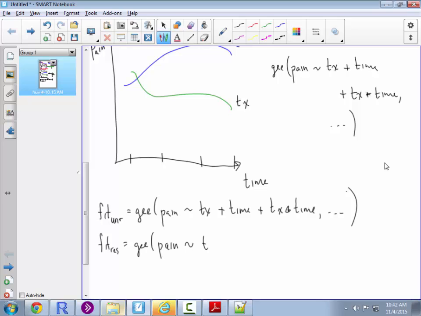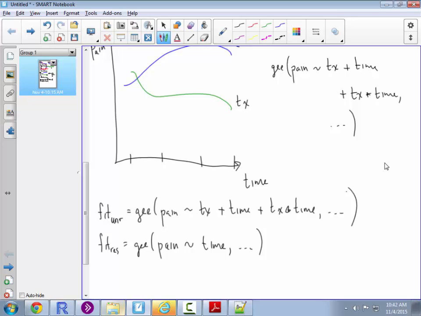So in order, that model would just be this one, where I've pulled out everything to do with treatment. And what you can then do to put a p-value on that comparison is an F-test.